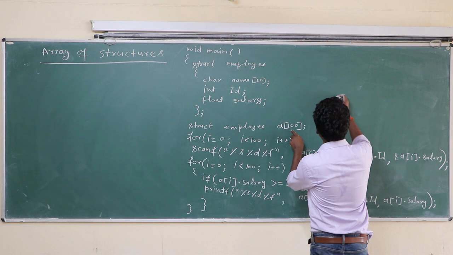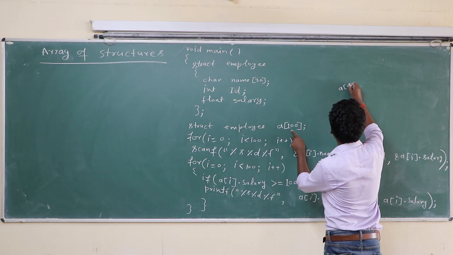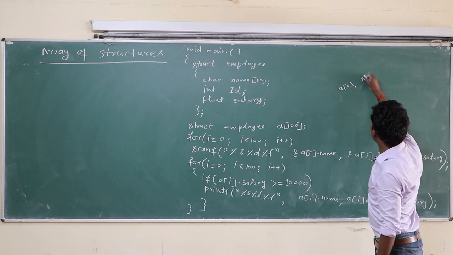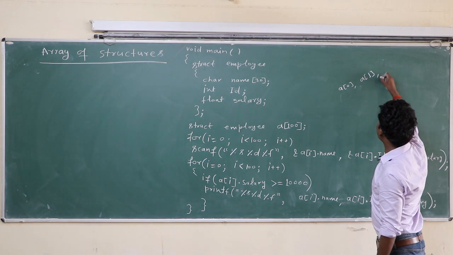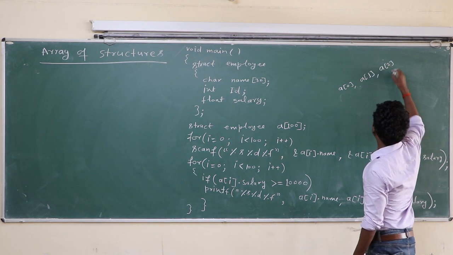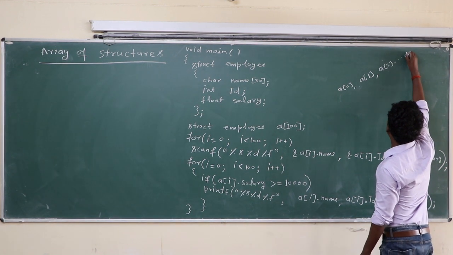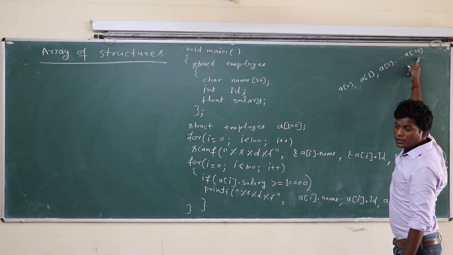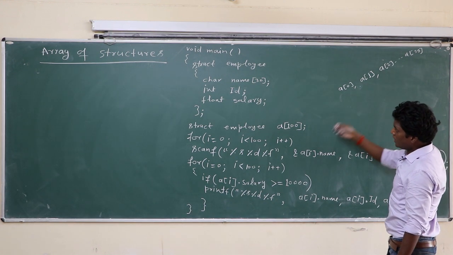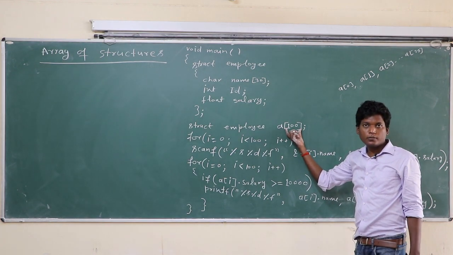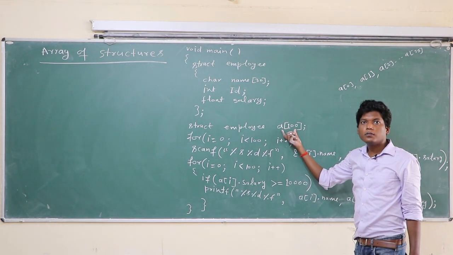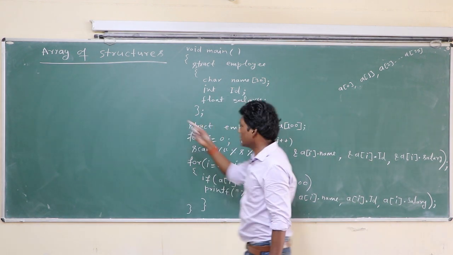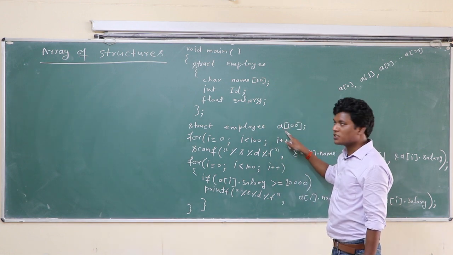A of 0 is the first structure variable, A of 1 is the second, A of 2 is the third, dot dot, A of 99 is the 100th structure variable. So class, there are 100 structure variables. We make it array of structures.